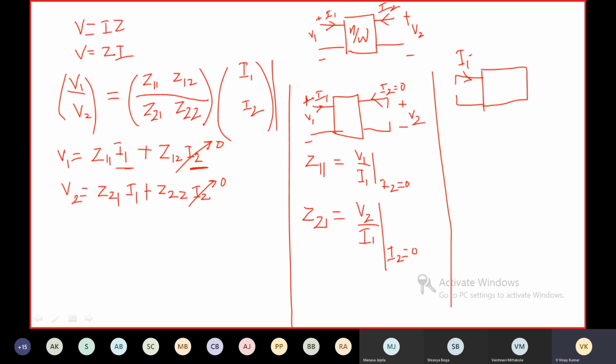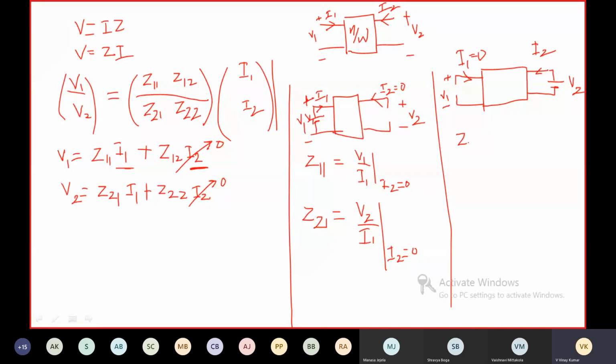Here I1 is equal to 0, and the voltage is applied at port 2.